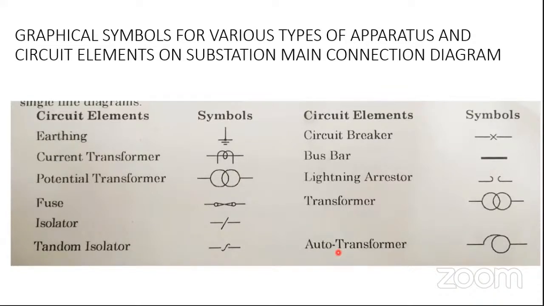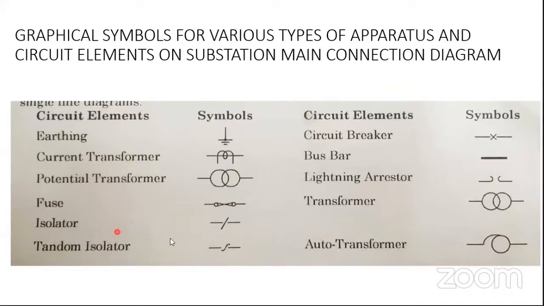The two windings are the primary winding and secondary winding. There will be a magnetic core. There is no electrical connection between the primary and secondary winding, but they are mutually coupled magnetically. An auto transformer has a single winding which can act as both primary as well as secondary. In such a case, we represent it like this and like this.